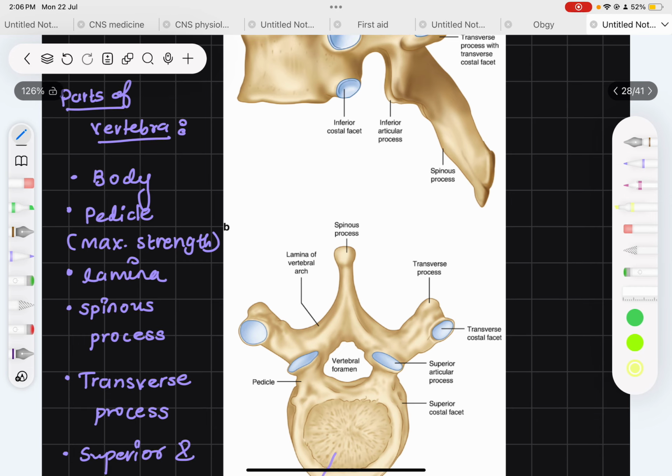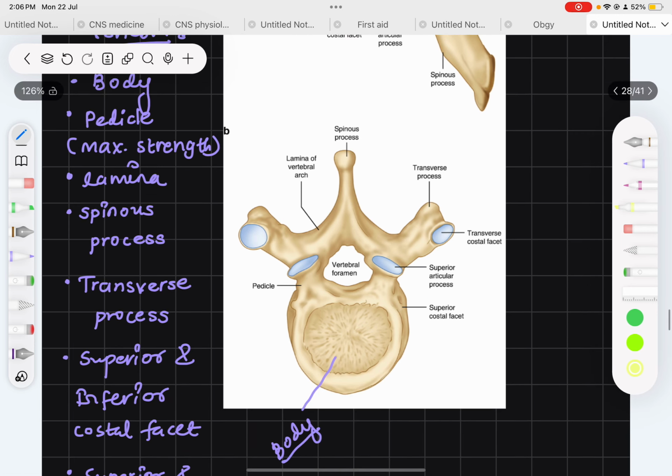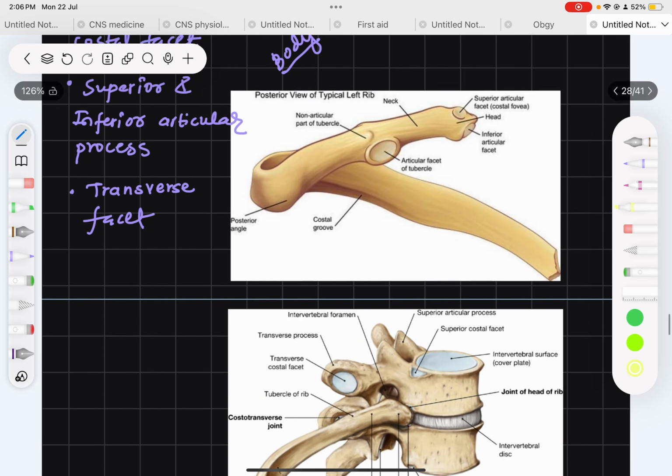Now, the transverse costal facet is at the transverse process, and it will also articulate with the rib.